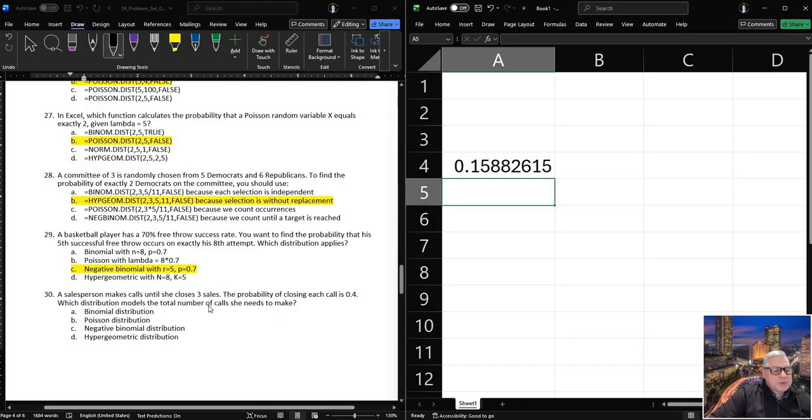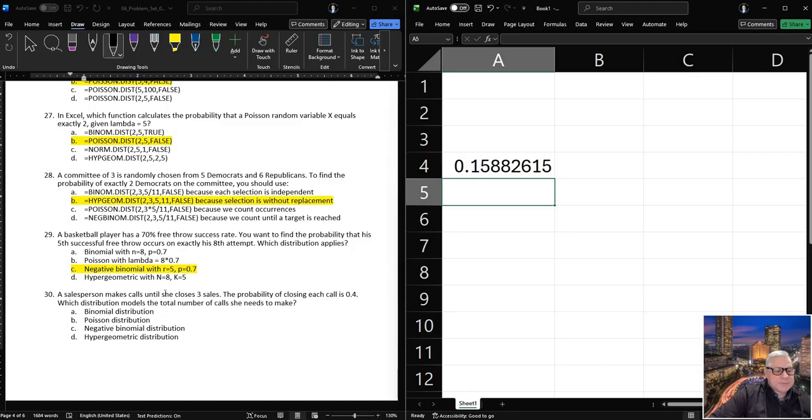A salesperson makes calls until she closes 3 sales. The probability of closing each call is 0.4. Which distribution models the total number of calls she needs to make?